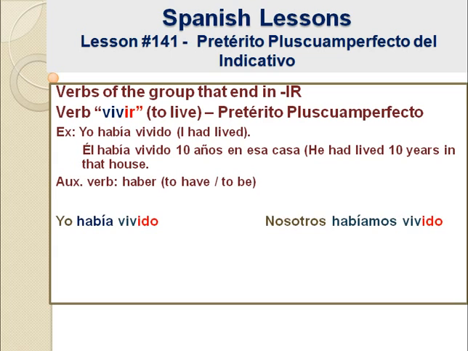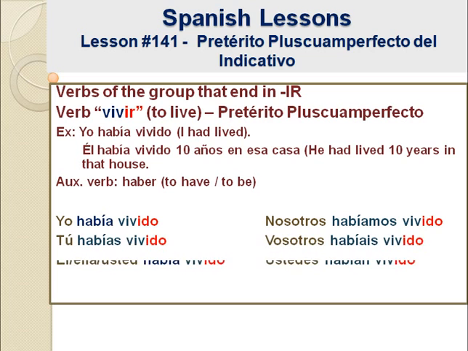We are still using the verb haber as auxiliary verb or verbo auxiliar. Yo había vivido. I had lived. Tú habías vivido. You had lived. Él or ella or usted había vivido. For he or she or you had lived.